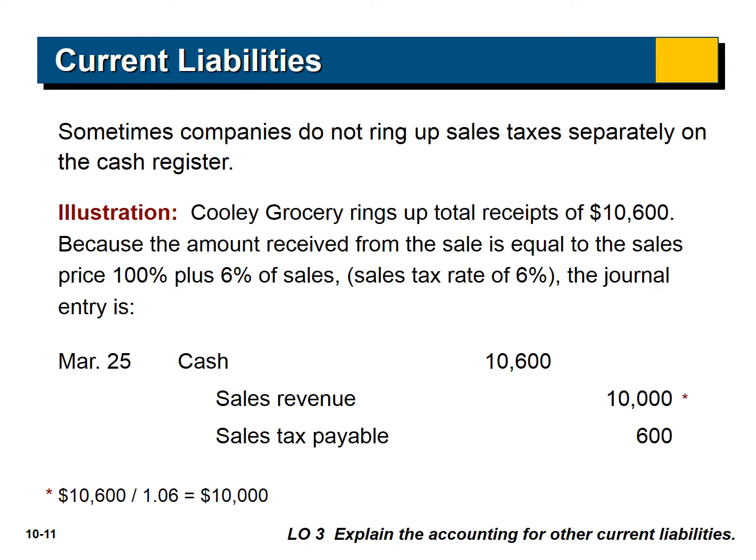Now how do we do that? We take the total cash receipt and divide it by 1.06. Now what is that? That is the same thing as 100% plus 6%, 106%, which is the same thing as 1.06, and then that will get you back to your sales revenue.